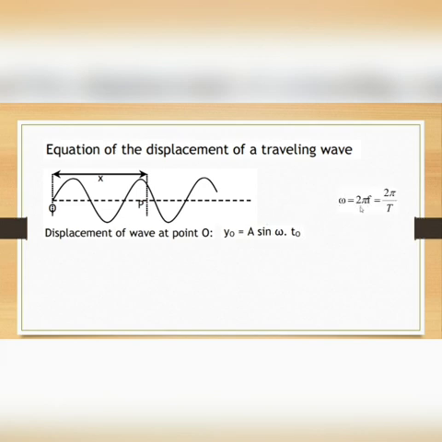Omega is equal to 2 pi f or 2 pi over period, and t0 is the time point O has oscillated. Remember the equation of a particle undergoing oscillation or simple harmonic motion.